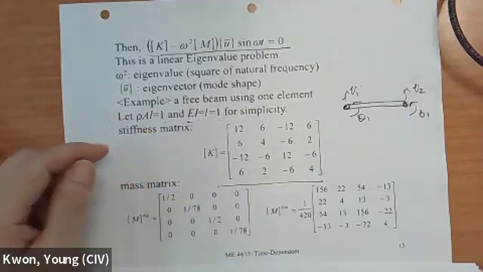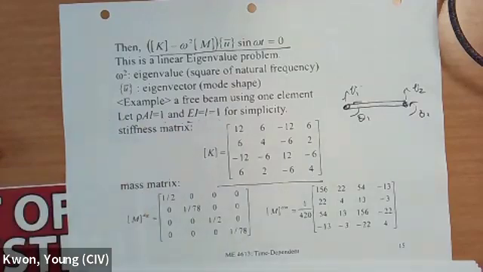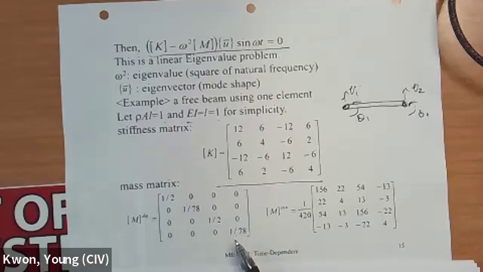Then for the mass matrix, let's look at 2 different mass matrices. One is the diagonal mass matrix, one is the consistent mass matrix. We didn't look at the lumped mass matrix because of 0 values, so sometimes we cannot invert the matrix. So we just look at those 2.